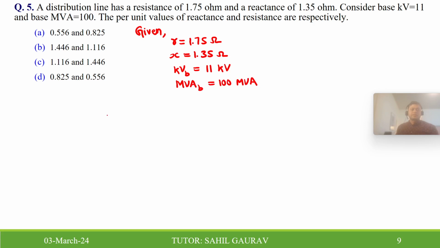First we have to find the per unit values of resistance and reactance. Therefore, first we find the base impedance. We know that base impedance is kV base square upon MVA base. So this is the base impedance value.